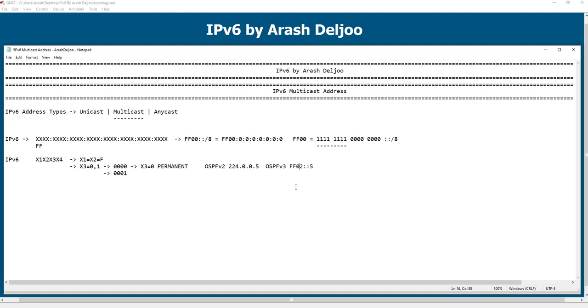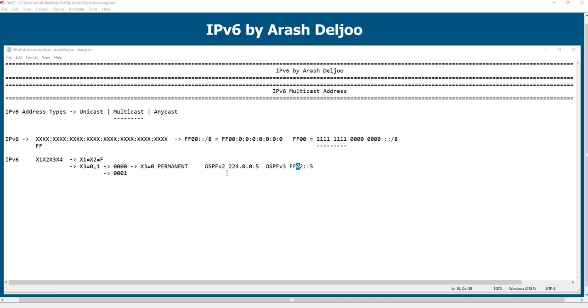I will explain these parts in the next part of this video, but for now, I only want to consider this character x3. x3, as you can see, is 0. Why? Because this multicast address is reserved by the IANA only for OSPFv3. This means this IPv6 multicast address is permanent.